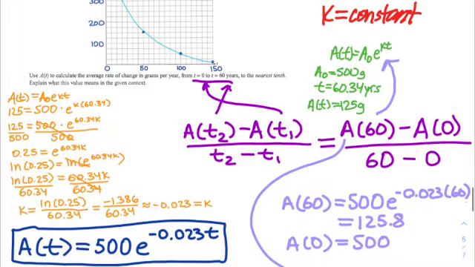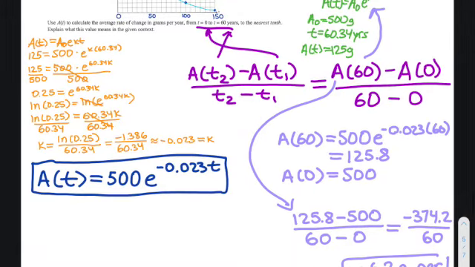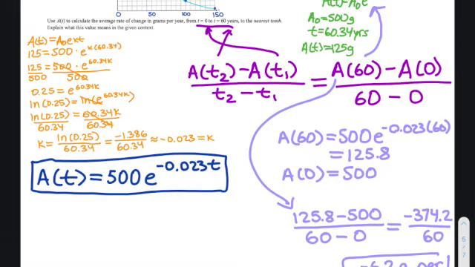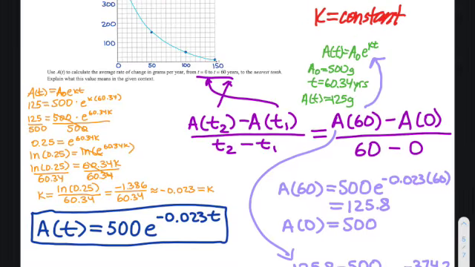Now, the last part of this question asks us to explain what this value means in the given context. Based off our calculations, negative 6.2 grams per year is the average rate of change in grams per year from t equals 0 to t equals 60 years.